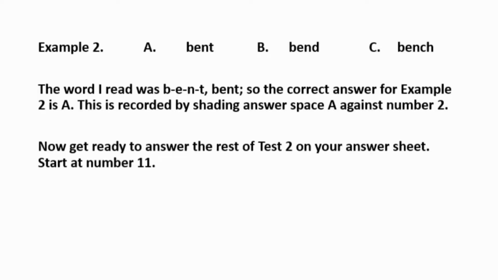Example 2. Bent. The word I read was B-E-N-T, bent. So the correct answer for example 2 is A. This is recorded by shading answer space A against number 2.